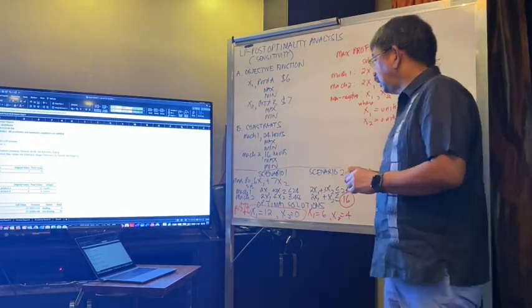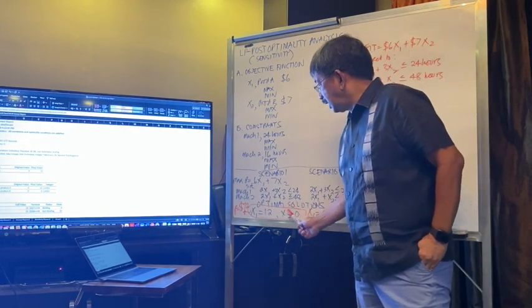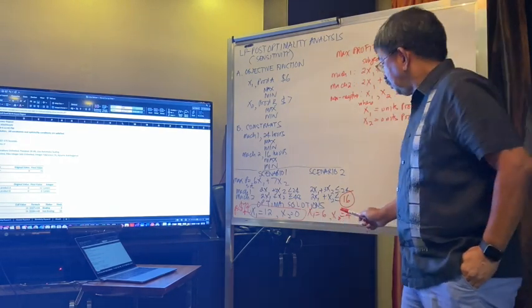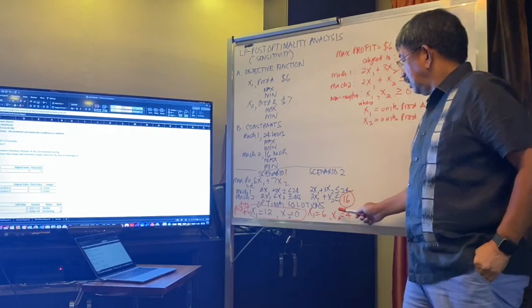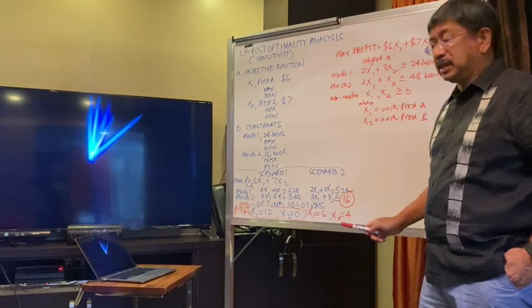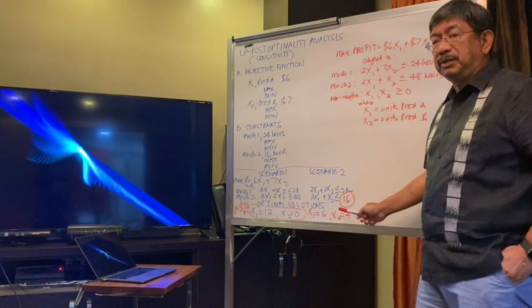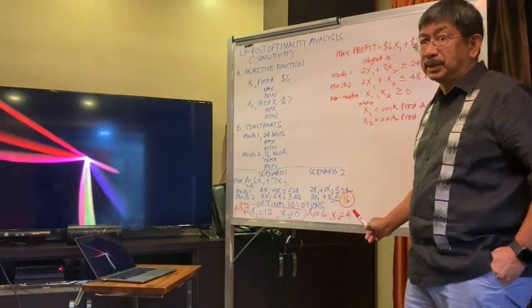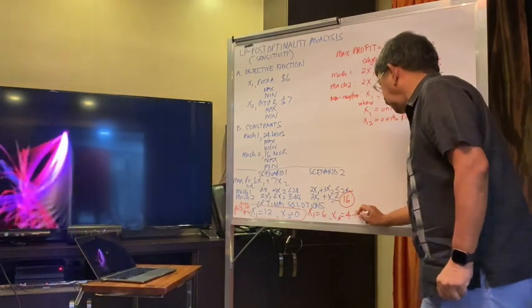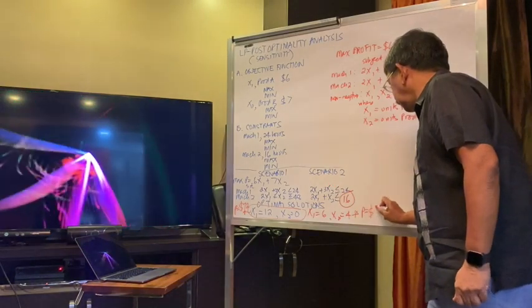The impact in terms of optimal solution is this: from a solution of 12 and 0, the solution will now become 6 and 4, meaning to maximize profit, you have to produce 6 of product A and 4 of product B. So instead of none of product B, there will now be a 6 and 4 mix, or a 60%, 40% product mix, to maximize profit. And the profit goes down from 72 to $64.